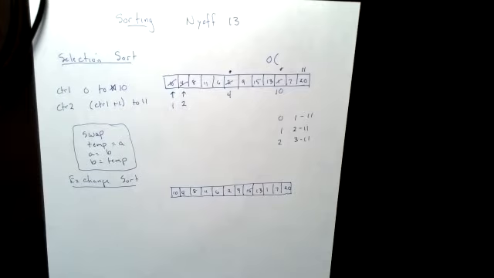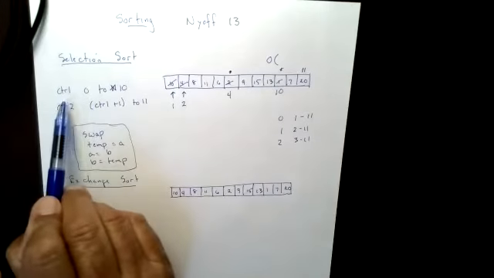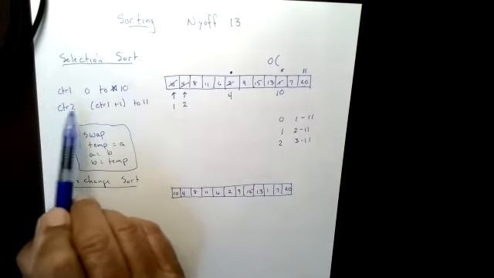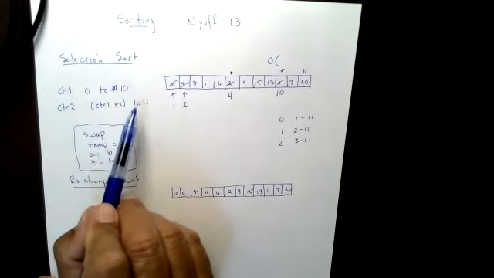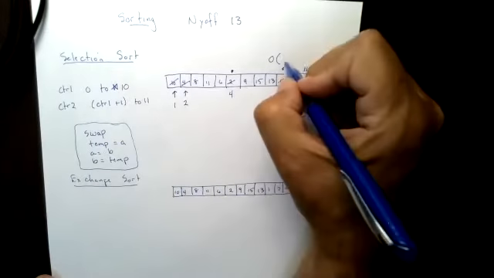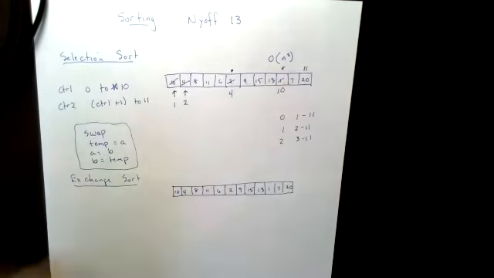How many times does this loop run? N. How many times does this loop run? N. Worst case scenario, N times N. This is big O of N squared.